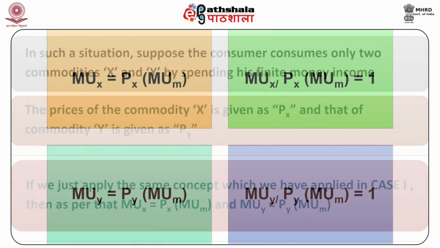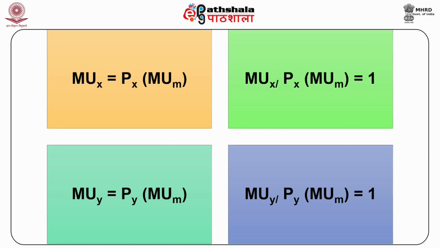Now, MUX is equal to Px into MUM, or MUX divided by Px MUM is equal to 1. Similarly, MUY is equal to Py into MUM, or MUY divided by Py MUM is equal to 1.